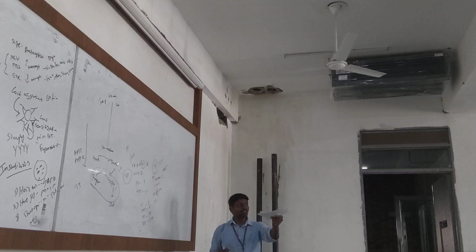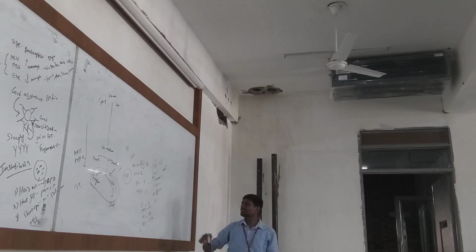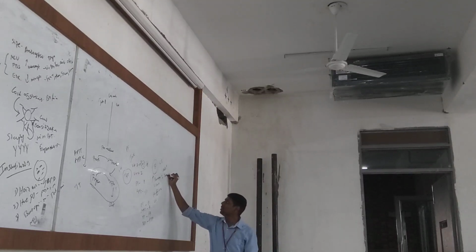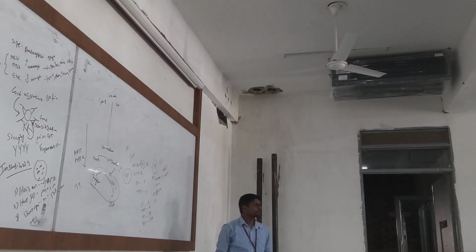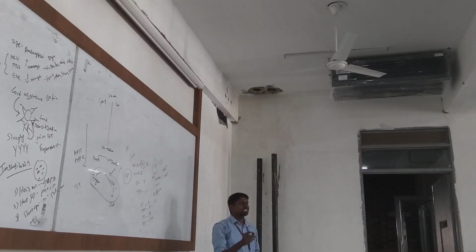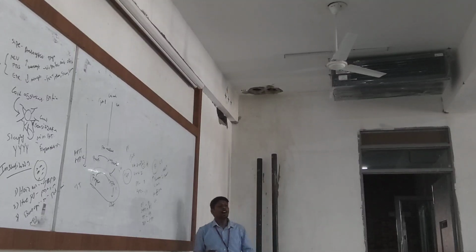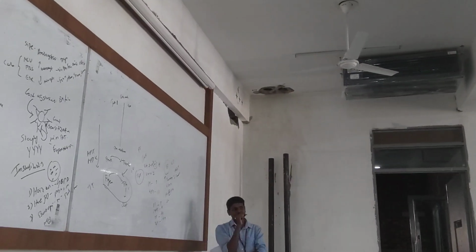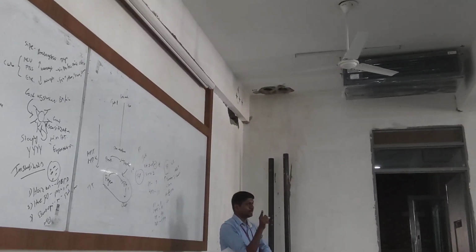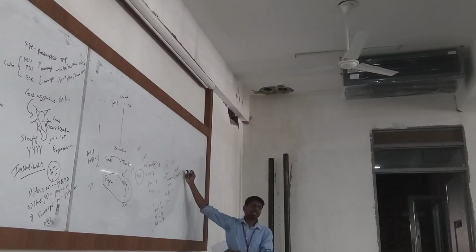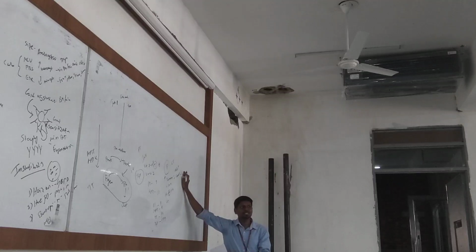Thrombosis? What does thrombosis mean? Excessive activation of platelets within the blood vessels results in excessive clotting. You made a mistake. In thrombosis, clotting time won't increase. Got it? There is excessive clotting in thrombosis.